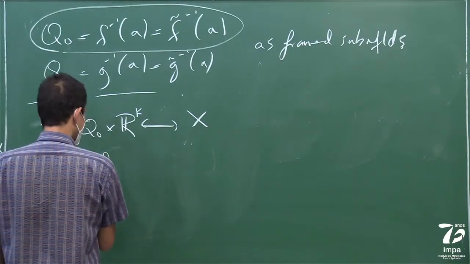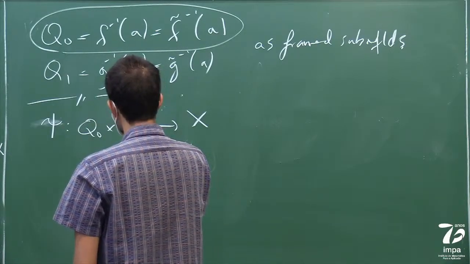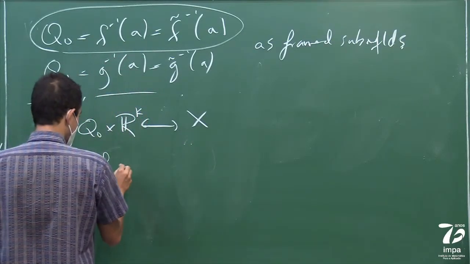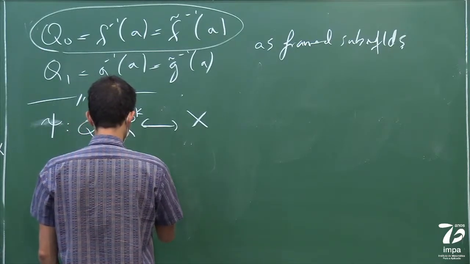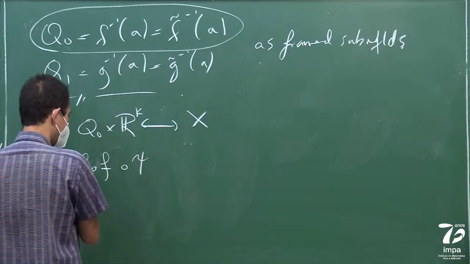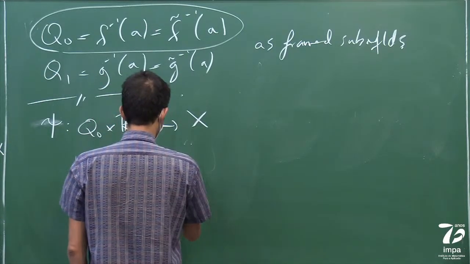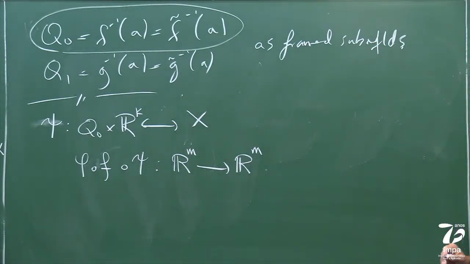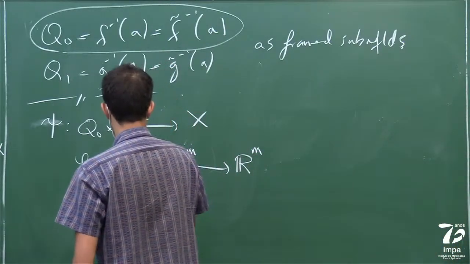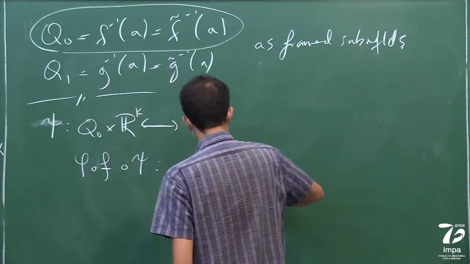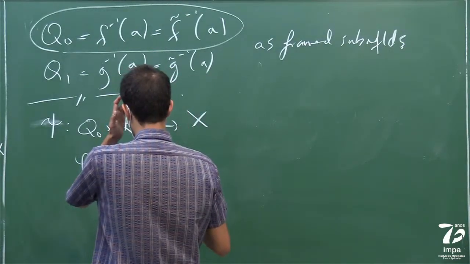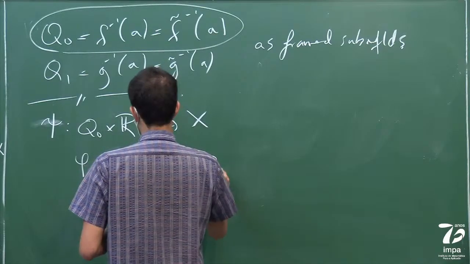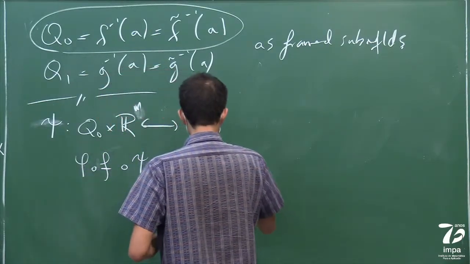But the point is that because it's the same framing, when you look at F composed with psi, and you compose that with the stereographic projection, that's giving us a map from Q0 times Rm to Rm.